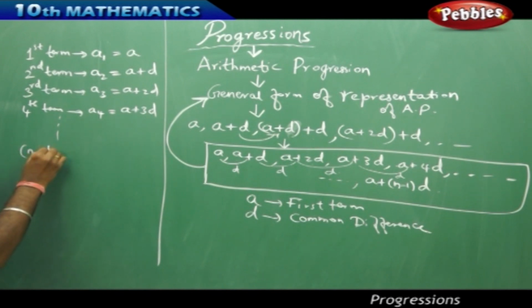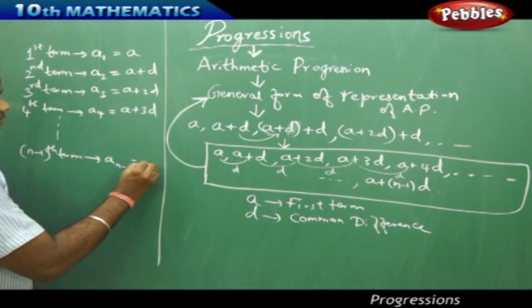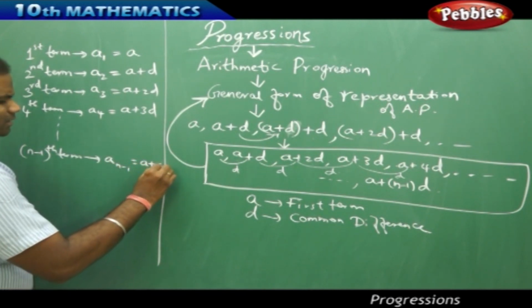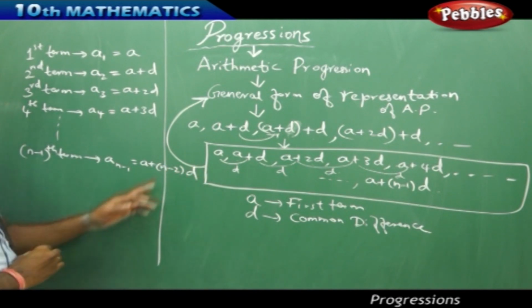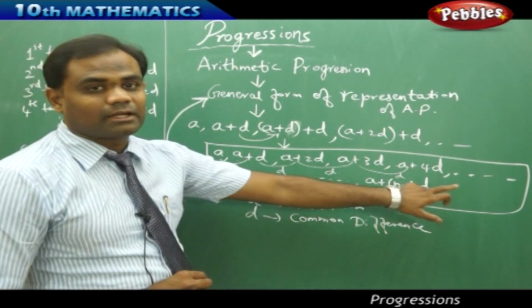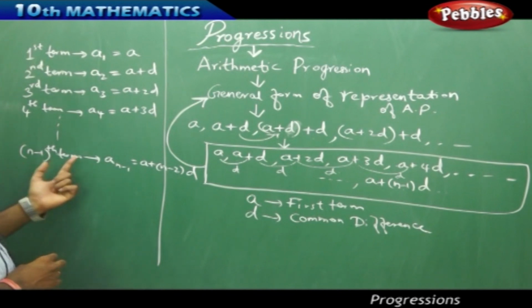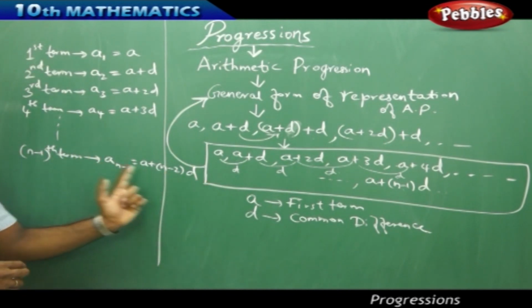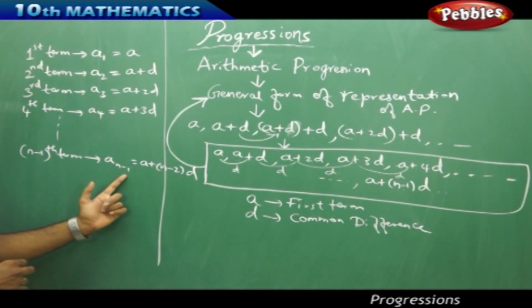My n minus 1th term, denoted by a n minus 1, will be a plus n minus 2 times d, because my nth term is n minus 1 d. So my n minus 1 term is a plus n minus 2 d.